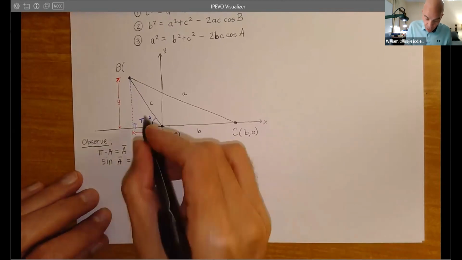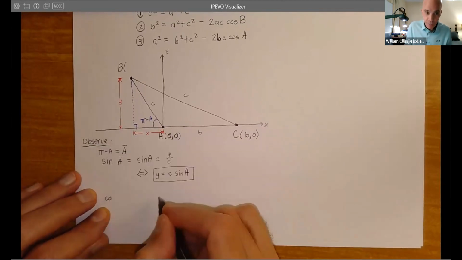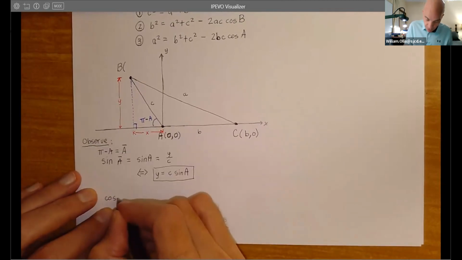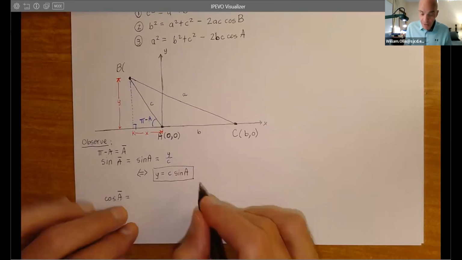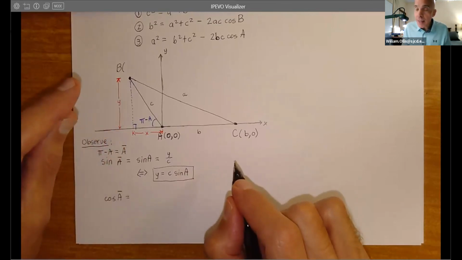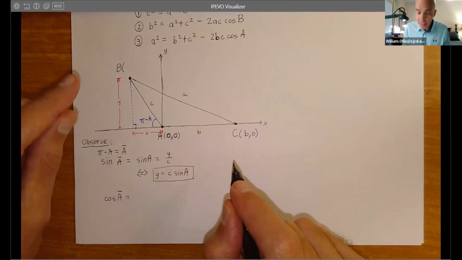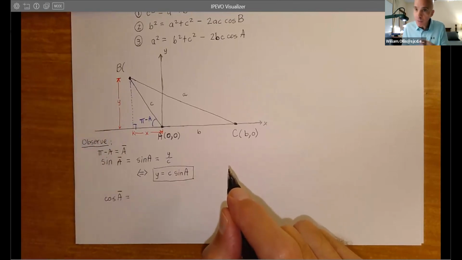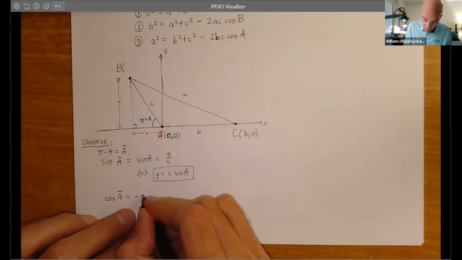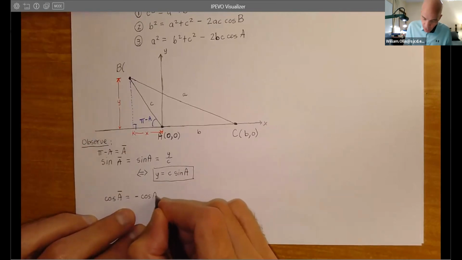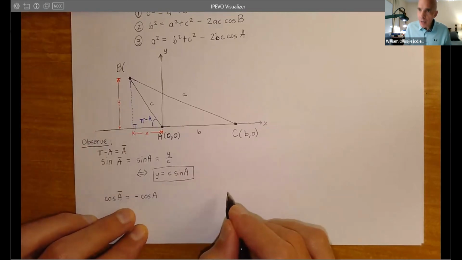Now we can do the cosine. So this is just kind of the preliminary computation. The cosine, we have the reference number. Of course, now we have to use the fact that the cosine is, in this particular case, negative in the second quadrant. So we have to transfer the negative sign. So this will be the negative of cosine of A. So we're kind of doing this in reverse, all right?